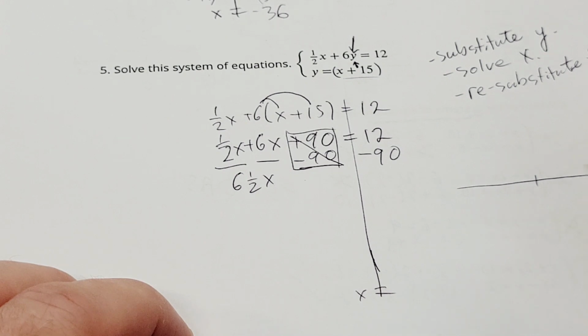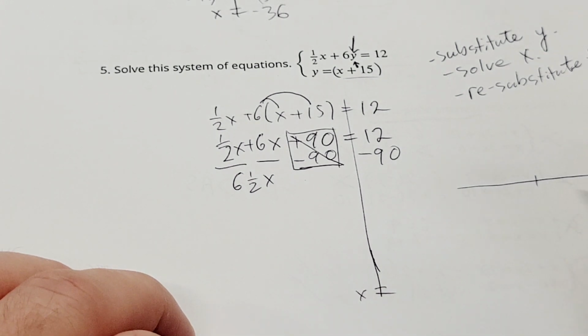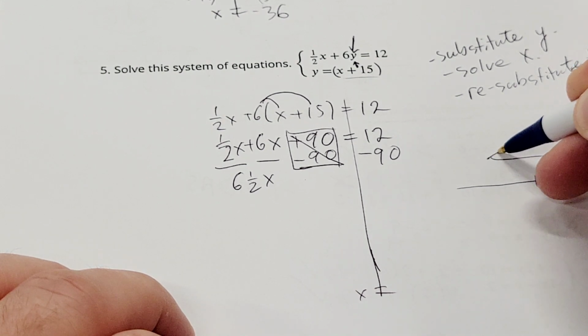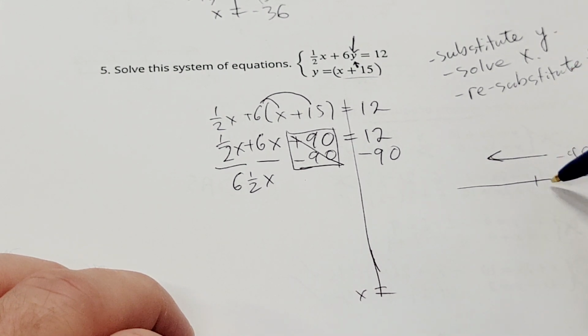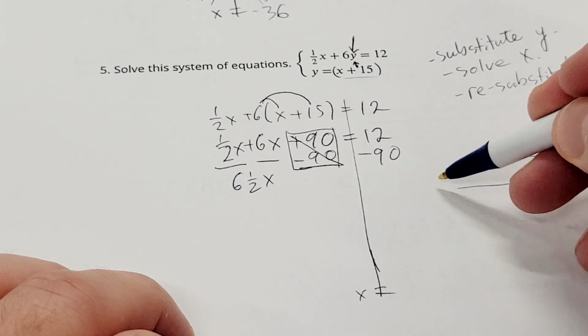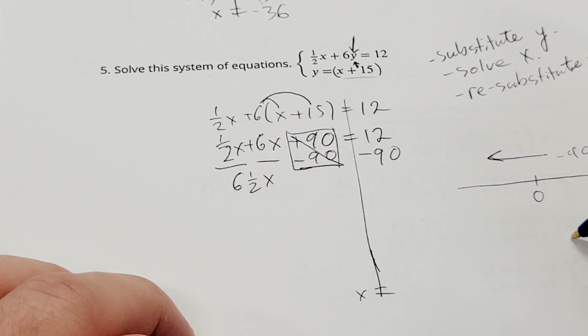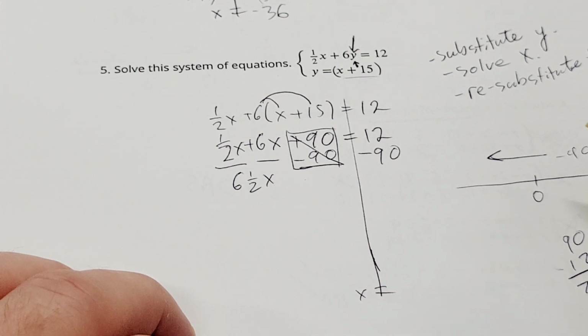Of course, I'm sure a lot of you will use a calculator, but I refuse. Okay, 12 minus 90 is our operation. We're using 12 of the 90 to get to 0, and we're crossing over the rest of that. So we're using 12 of the 90, which is going to take me to 78.